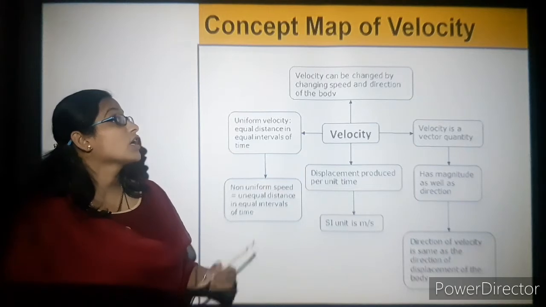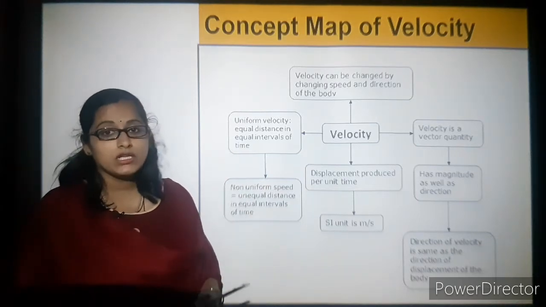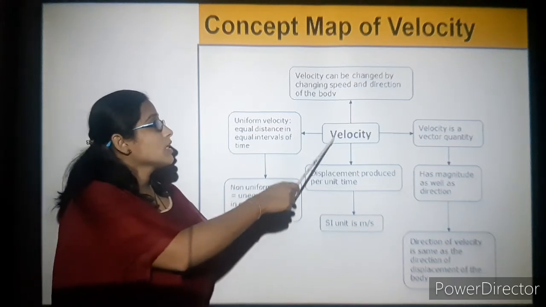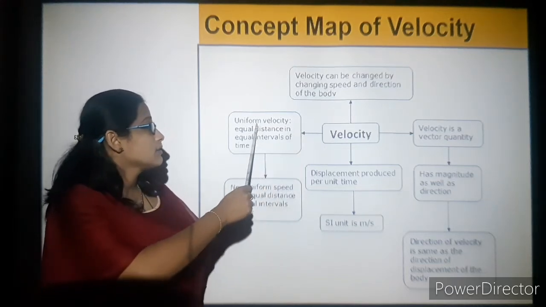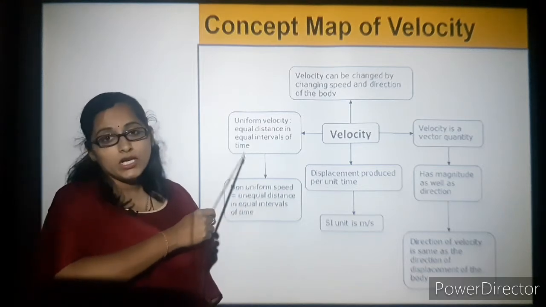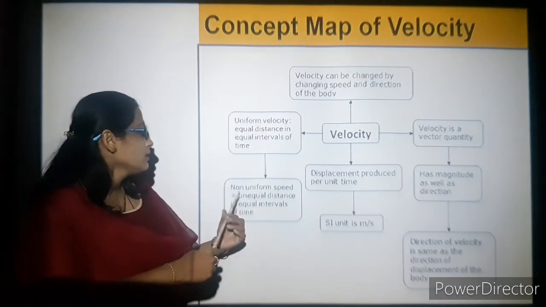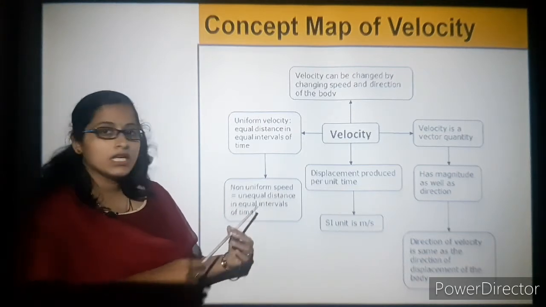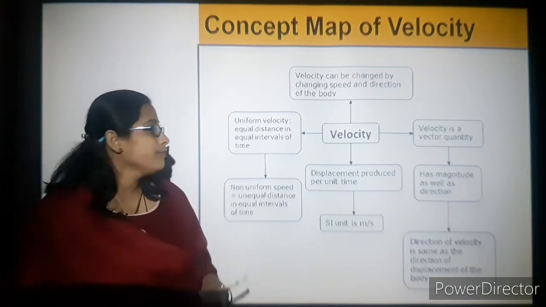Coming to the concept map of velocity, just as a revision, we will know again. Velocity can be uniform, wherein equal distances are covered in equal intervals of time, and non-uniform, wherein unequal distances are covered in equal intervals of time.